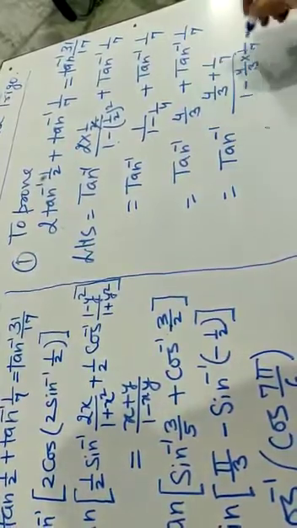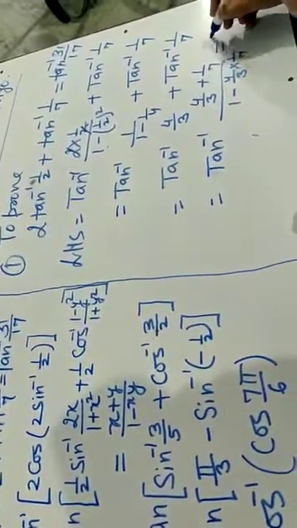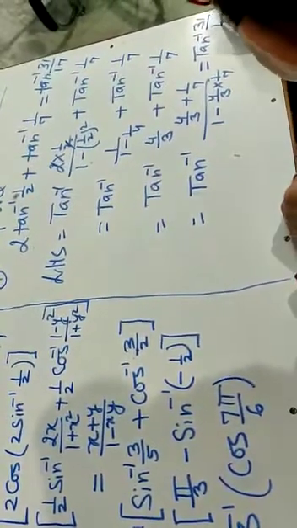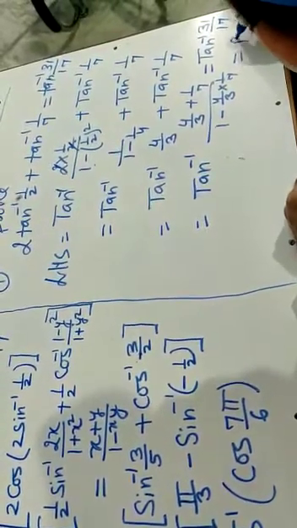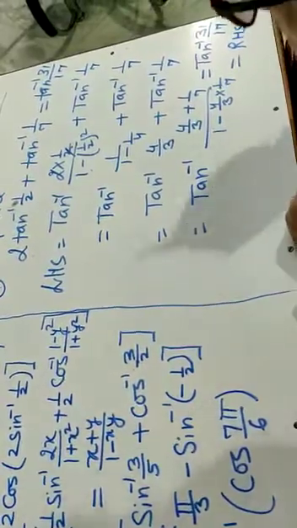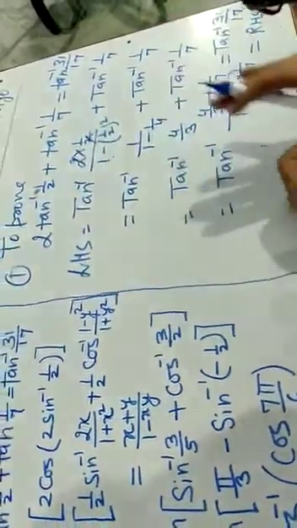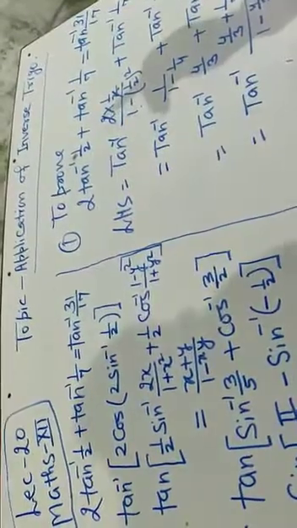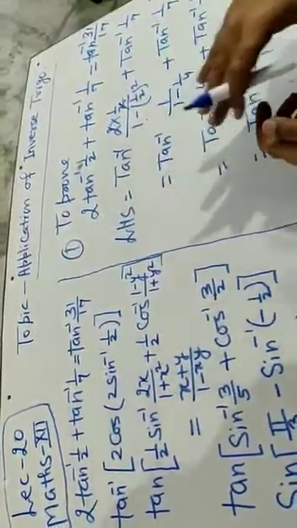After simplification, you find tan inverse 31 by 17. That is your RHS. In any such question, first simplify the left side and see the right side.